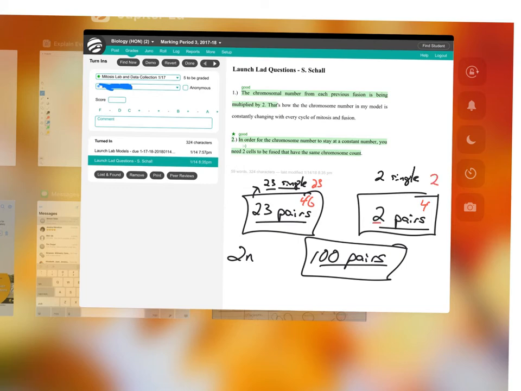Because this is 2 pairs, and 2 pairs mean 4, right? So here's 100 pairs. So you went from 100 pairs, 200, to 100 singles. In each case, you went from 2N to 1N. Right? You're going from 2N to 1N.